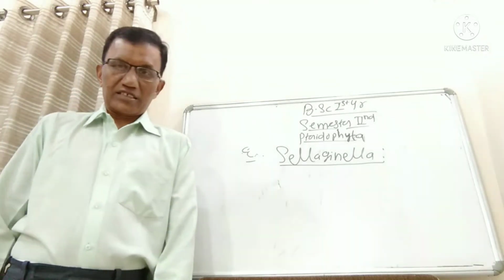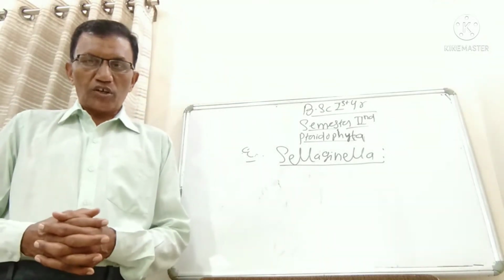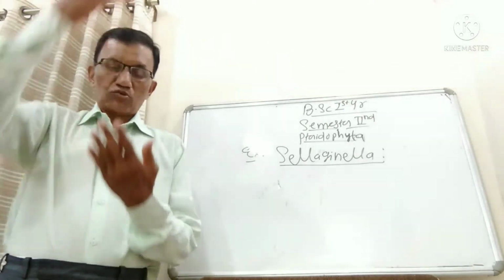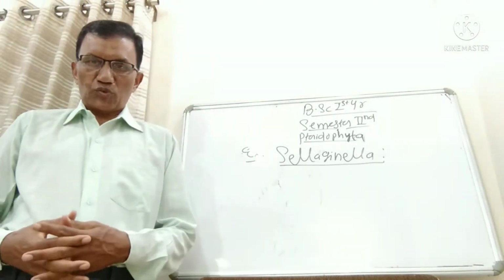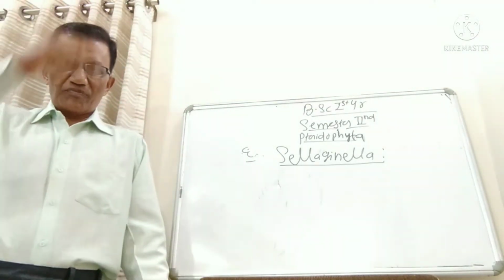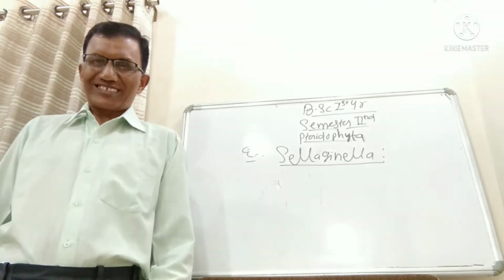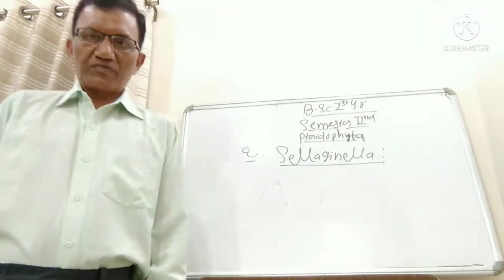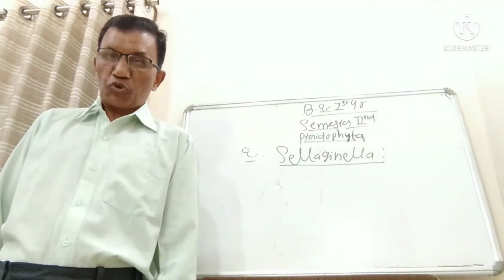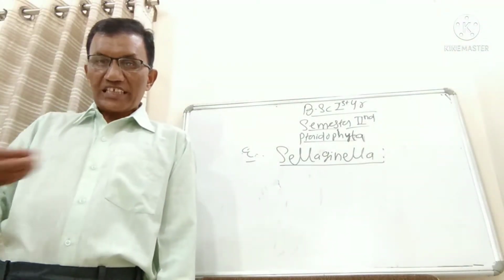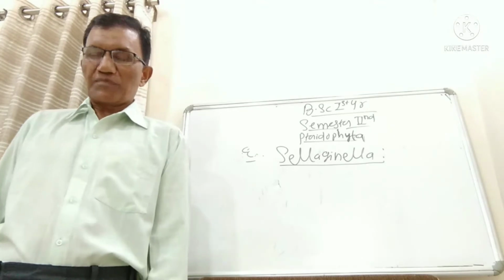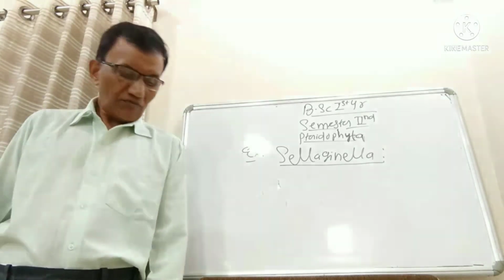While describing the strobilus or cone of Lycopodium, you have to take the vertical section of the strobilus. There is the main axis. On both the abaxial and adaxial sides of the main axis there is a presence of sporophylls. On the inner side of each sporophyll there is a sporangium.